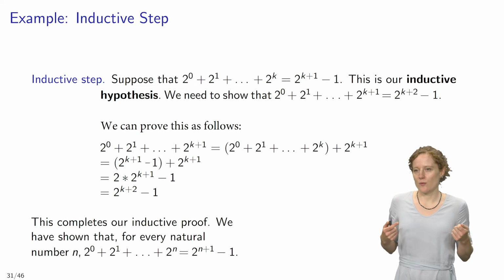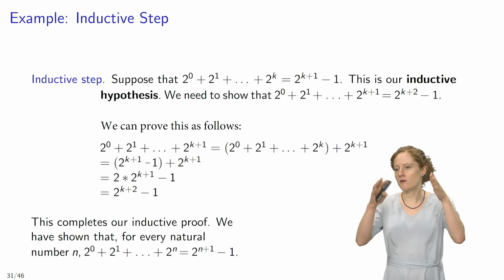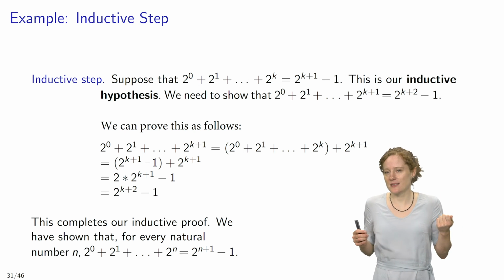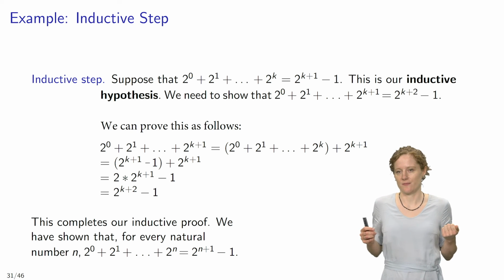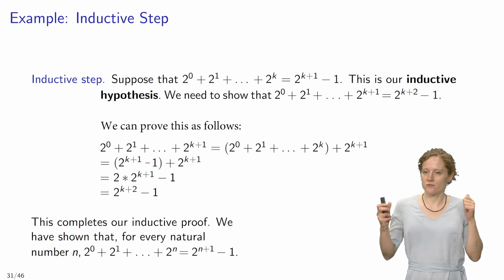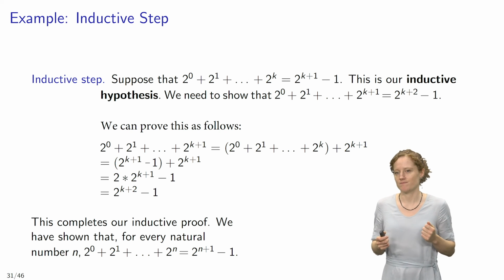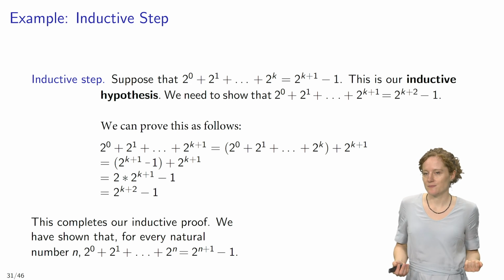So in the second line of this proof, I'm taking the whole thing that was within brackets and replacing it by the expression 2^(k+1) minus 1. The reason why I can do that is given by our inductive hypothesis. And then the rest of the proof is simply basic math.